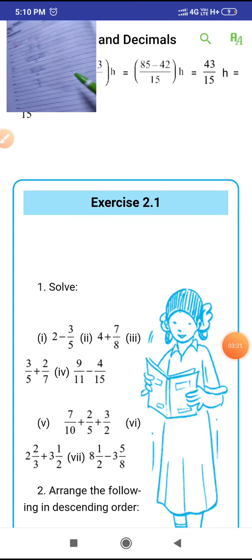For this, you have to divide this number. So 7 is divided by 5 one time, 5 1s are 5, remainder 2. So your answer is 1 whole 2 upon 5. You can also write 7 upon 5 as 1 whole 2 upon 5.